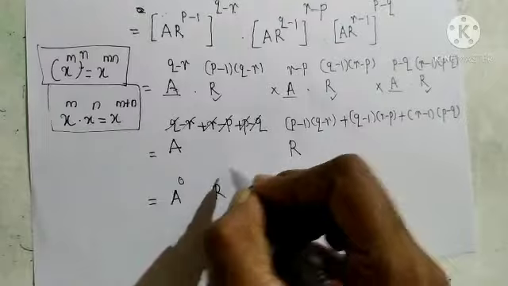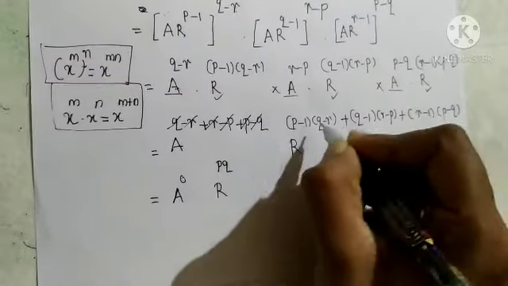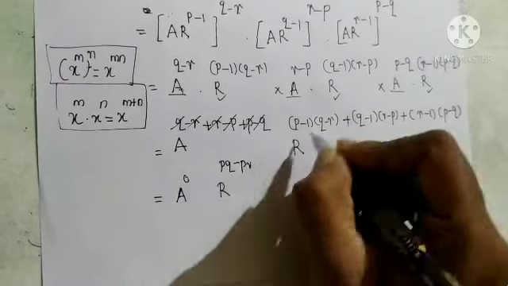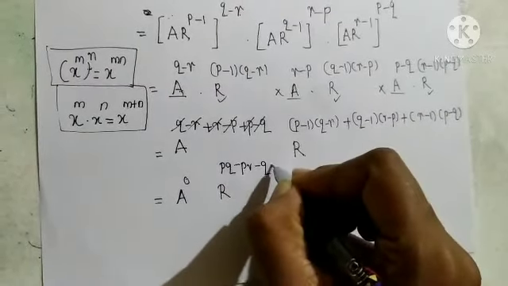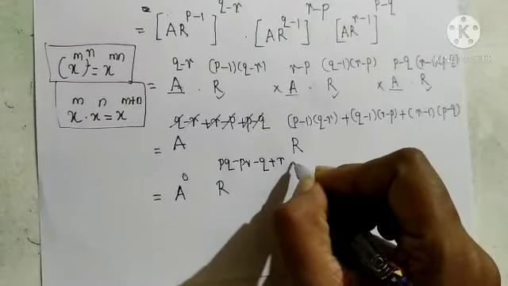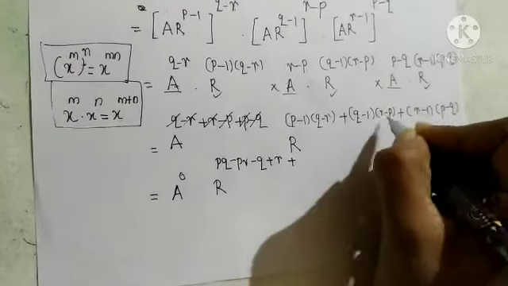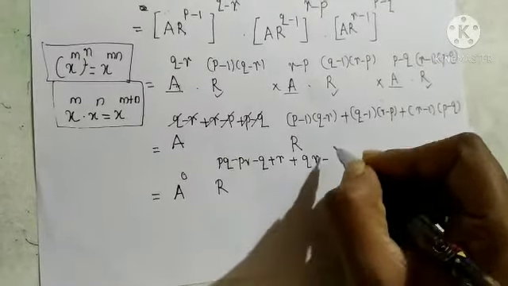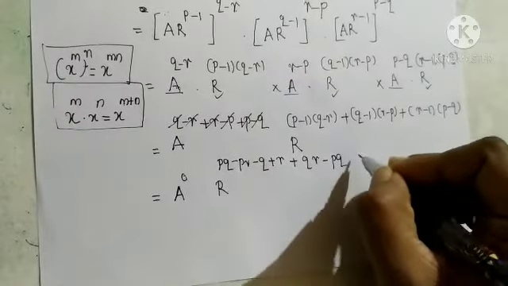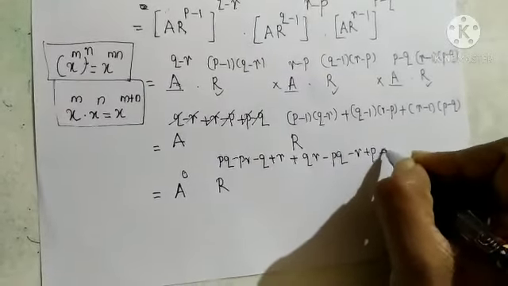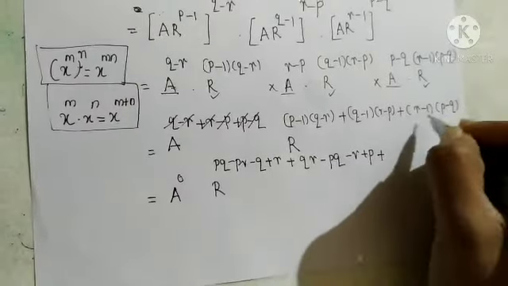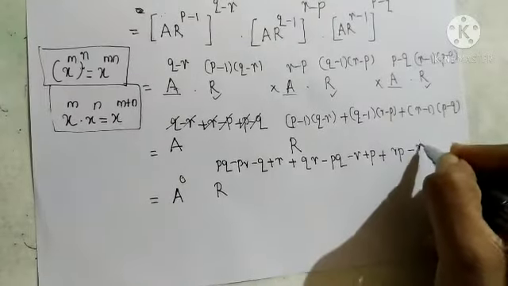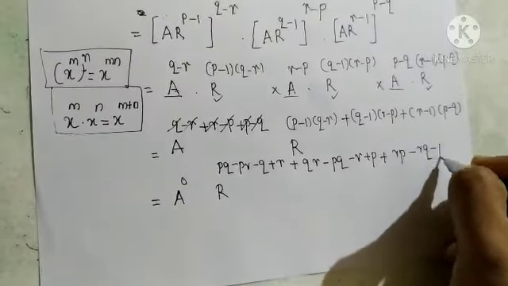So here we get pq, multiplying these two terms we get pq minus pr minus q plus r, plus, multiplying these two terms we get qr minus pq minus r plus p, plus, multiplying these two terms we get rp minus rq minus p plus q.